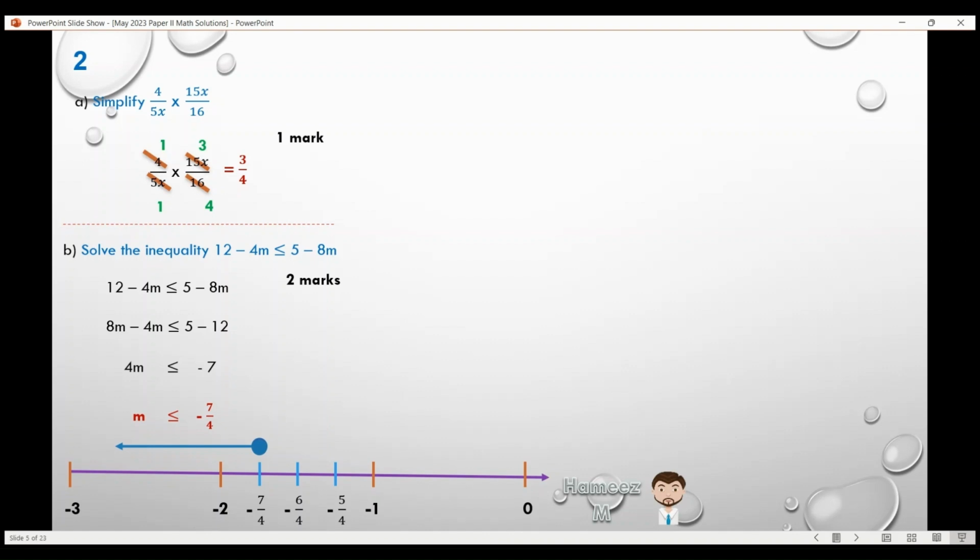If you try for minus 1 or 0, anything to the right of it, it will not work. If we put 0 in there for m, then we're left with 12 is less than or equal to 5, and that's not correct. So the inequality works when m is less than or equal to minus 7 over 4.